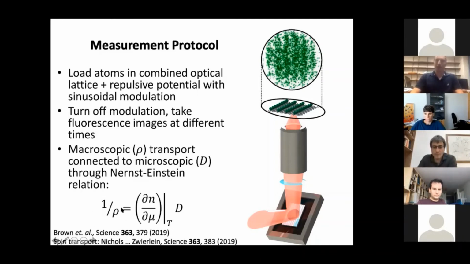The conductivity, which is the inverse of the resistivity, is the product of two quantities. One is the diffusivity that I'm about to explain how to measure, and the other is the compressibility, how the density changes with the chemical potential. That's something that the cold atom people have known how to measure for a while, and I'll explain how we do that later. But the diffusivity is really the new interesting part here.